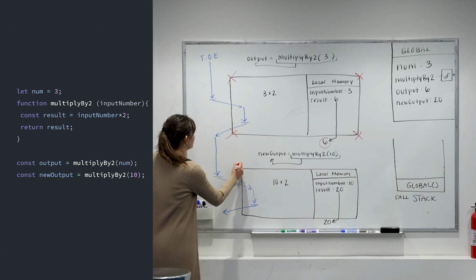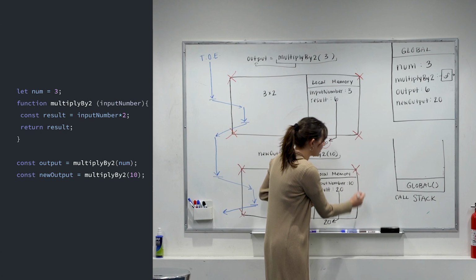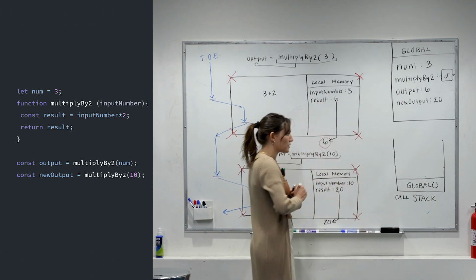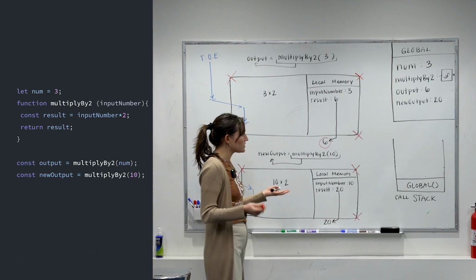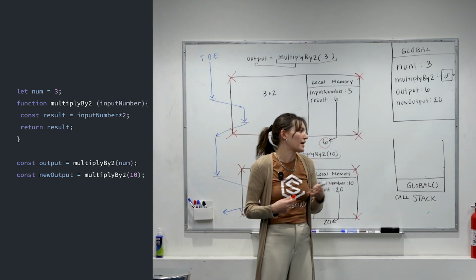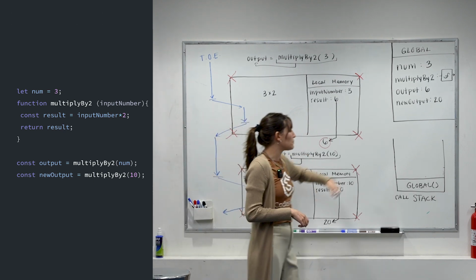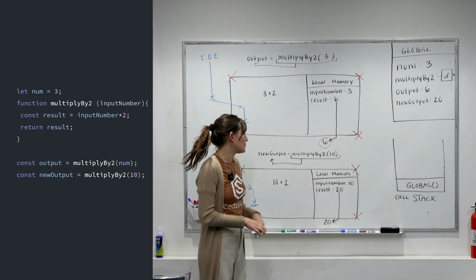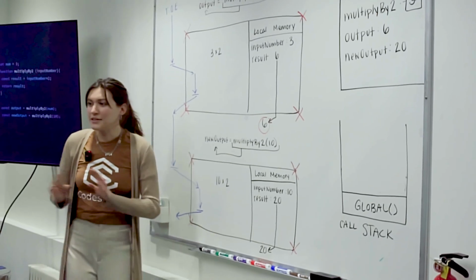Garbage collection is going to become super important when you talk about concepts like closure and even recursion. But for today, just keep in mind that it happens. Whenever we leave an execution context, we pop that frame off the call stack. We'll also be talking about garbage collection. OK, super duper. Any questions so far?